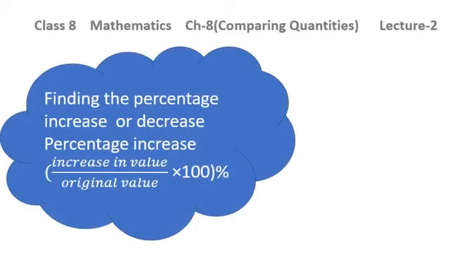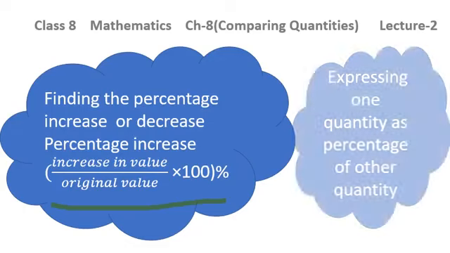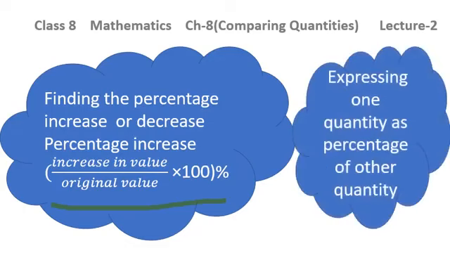Percentage increase is the increase in value over the original value into 100%. Percentage decrease is the decrease in value over the original value into 100%. Then we learned how to express one quantity as a percentage of the other quantity.